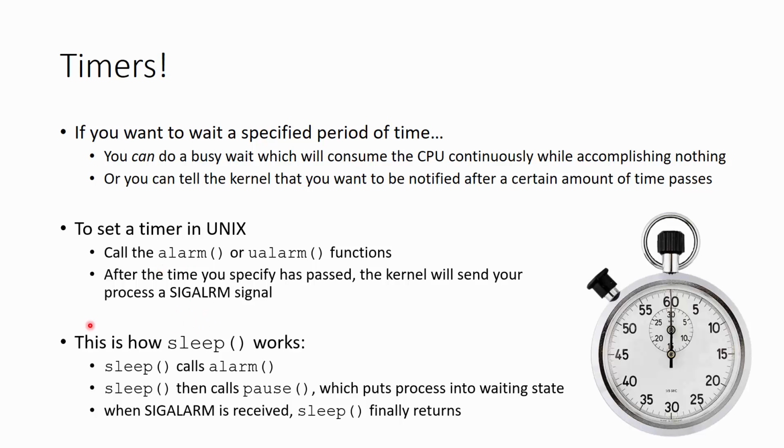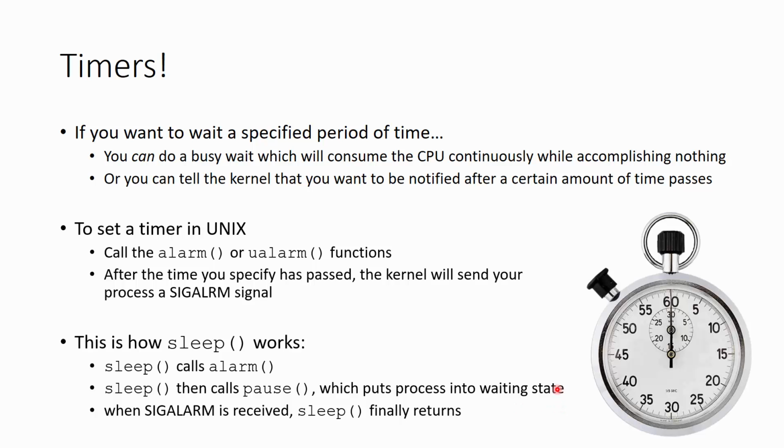This is actually how sleep works. Sleep is going to call alarm, so that'll register, say, sleep 5 seconds into the future. Then sleep, the function, is going to call pause, which stalls your process and puts it into a waiting state where it won't do anything else.